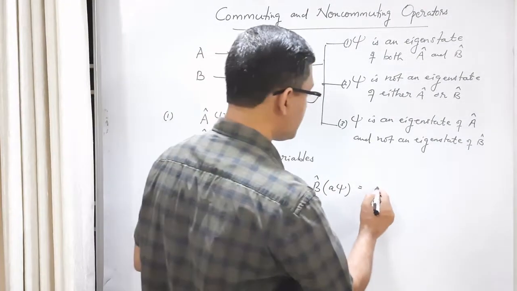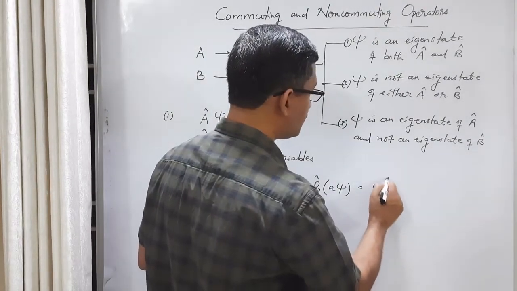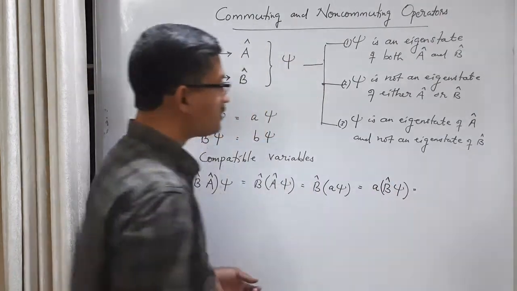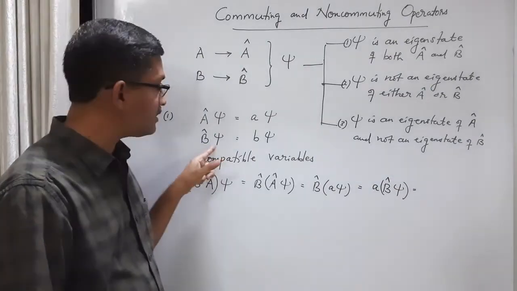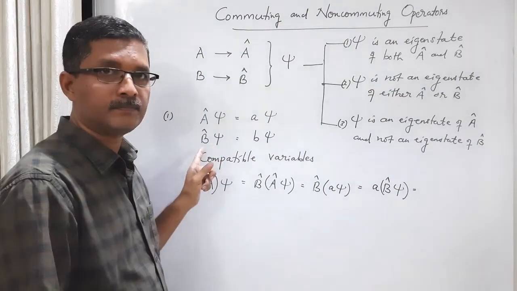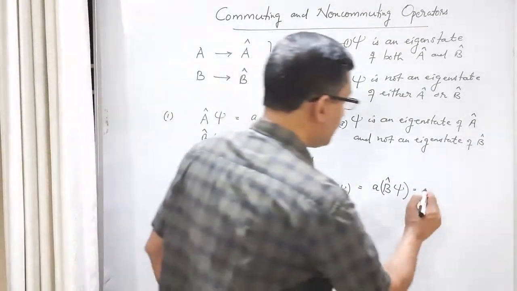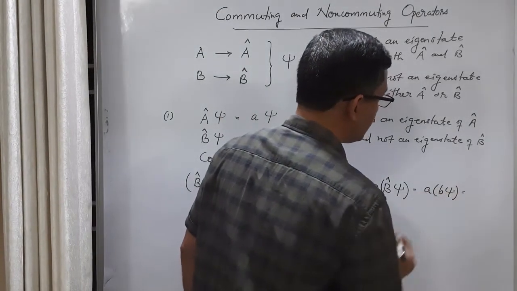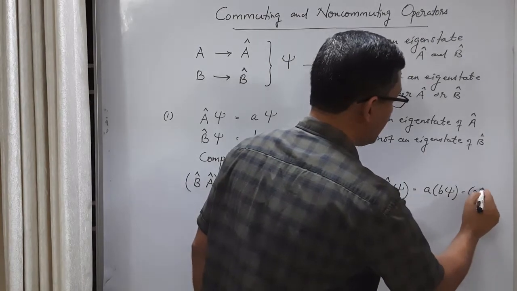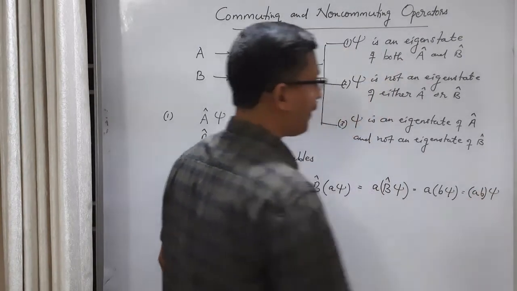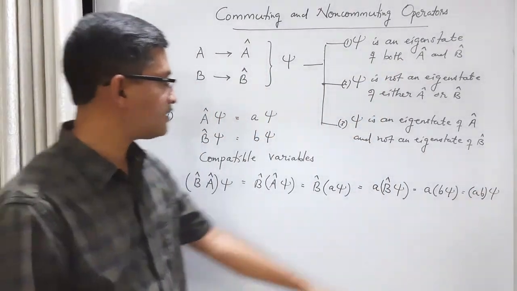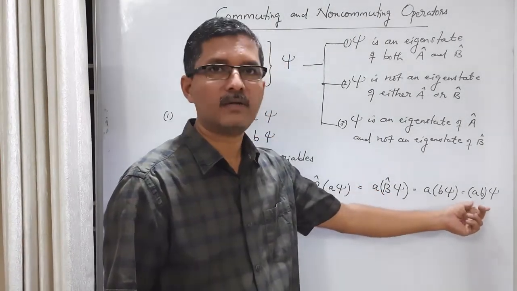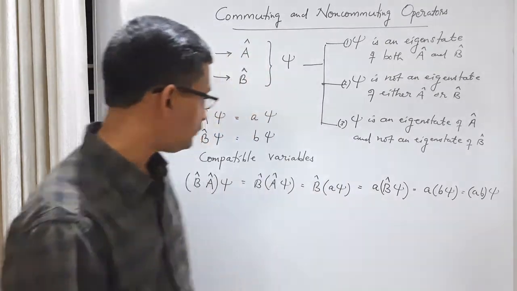So we can write this as a times operator B acts on psi. What is the result of B acting on psi? Psi is again an eigenstate of B, so what you get is b psi. This we can write as ab times psi. So we can see that the final state is psi, and we get the eigenvalues a and b.